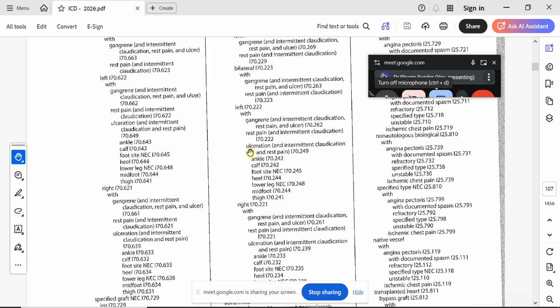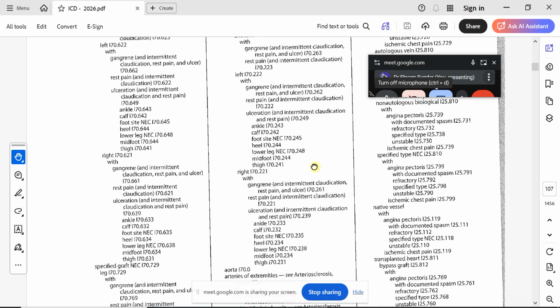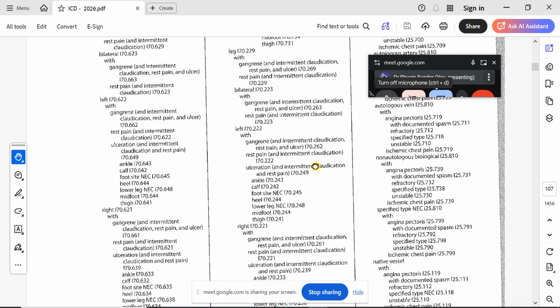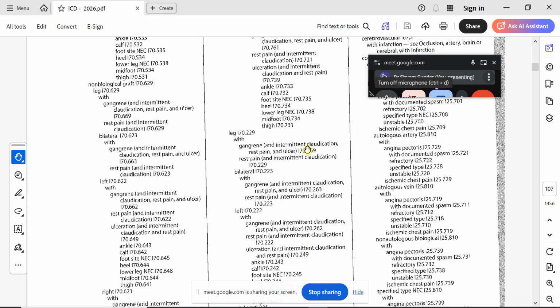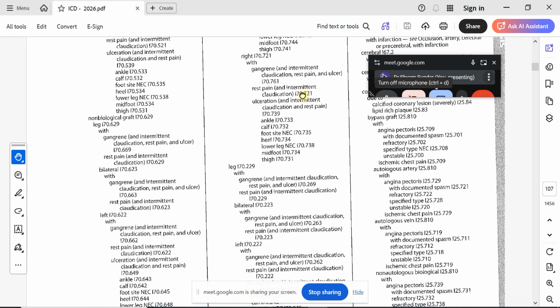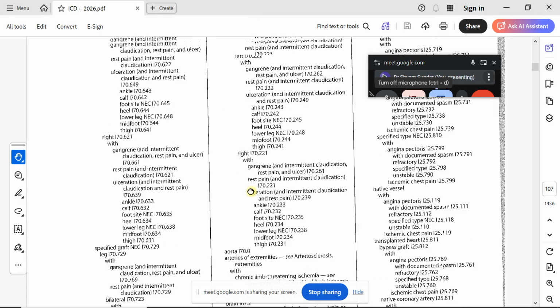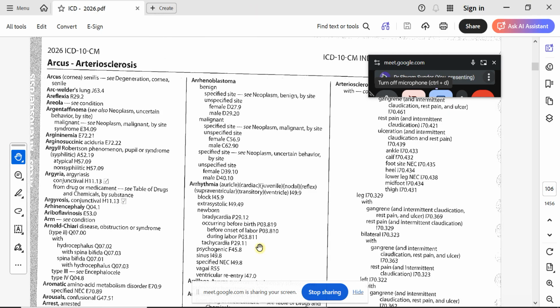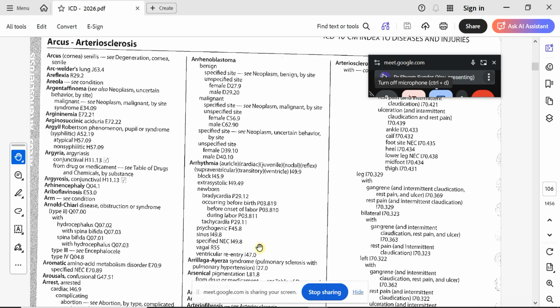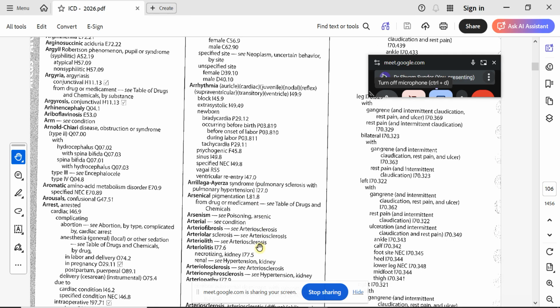Why are there so many entries? Because this is classification. We are talking about the leg, right or left.